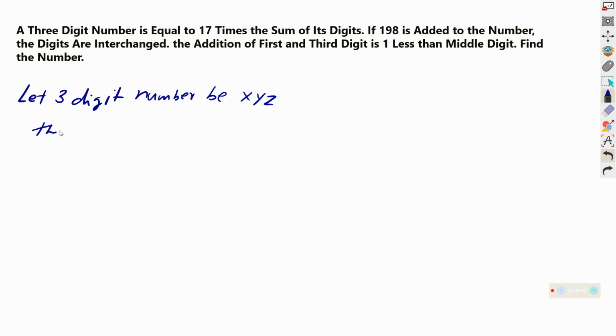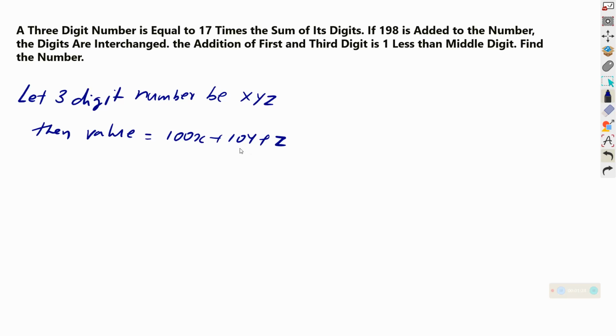In that case, according to the first condition, we have the order x, y, z. So we have to convert that into value: x is in the 100th place, y is in the 10th place, and z is the unit place. So we'll write 100x plus 10y plus z as its value.